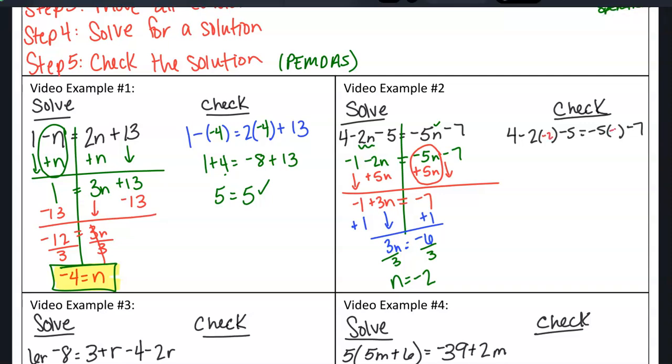So we're going to throw in a -2 in those parentheses because that's what we believe n equals. -2 times -2 is +4. -5 times -2 is +10. 4 plus 4 is 8. 10 minus 7 is 3. 8 minus 5 is 3. And 3, in fact, does equal 3. So therefore, our solution is the correct solution.